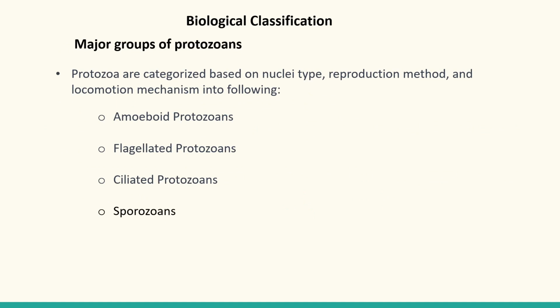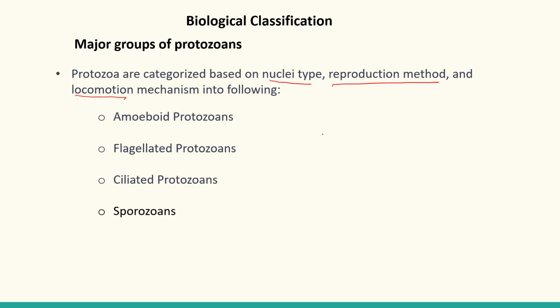Major groups of protozoa. There are 4 different types of protozoa based on nuclei type, reproduction method, and locomotion mechanism. On the basis of these 3 characteristics, the protozoa can be divided into 4 groups.